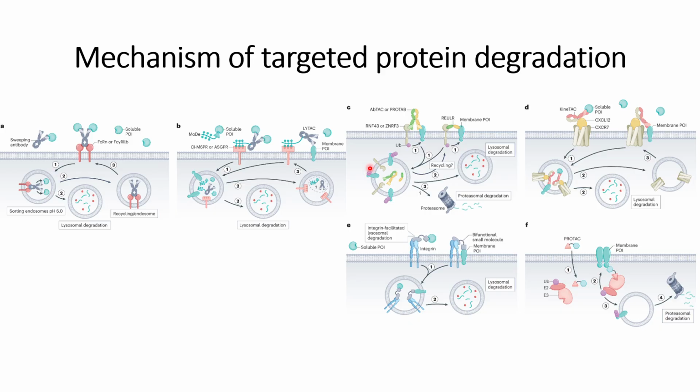Afterwards, another mechanism that they talk about is to exploit the E3 ligase that is present on the transmembrane region. So here they make PROTAC or AbTAC. One arm of the PROTAC will attach to the targeted protein, and the other arm will attach to the E3 ligase, and this will cause ubiquitination of the targeted protein, and thereafter it will lead to the internalization of this targeted protein.